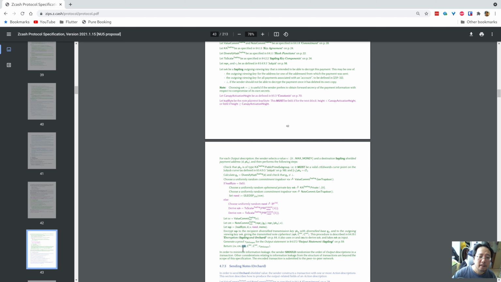And that's where WarpSync comes in. We are trying to make it more optimal and keep less information than a regular light wallet.